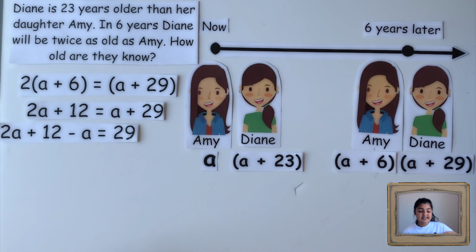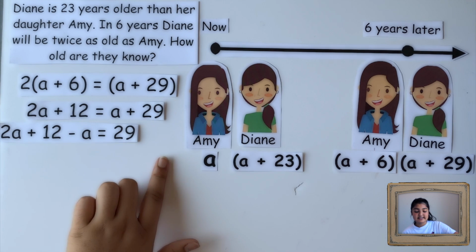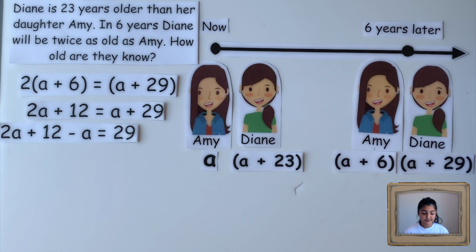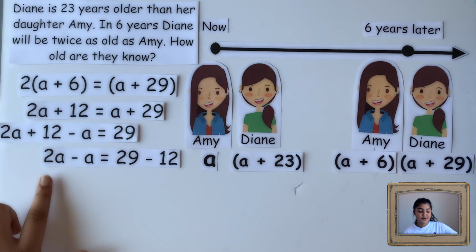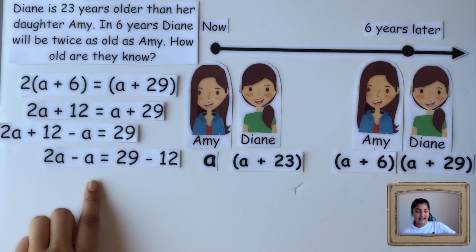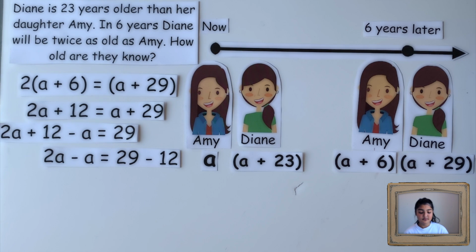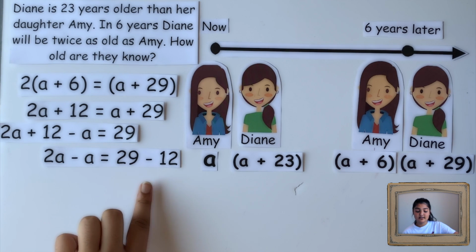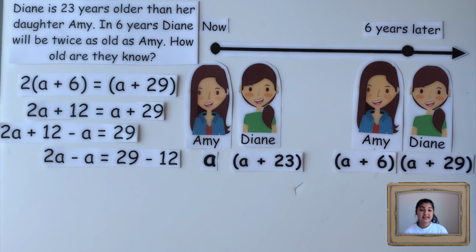Next, let's take 12 to the other side of the equation. Now, let's simplify both sides of the equation. 2A minus A is A, and 29 minus 12 is 17.